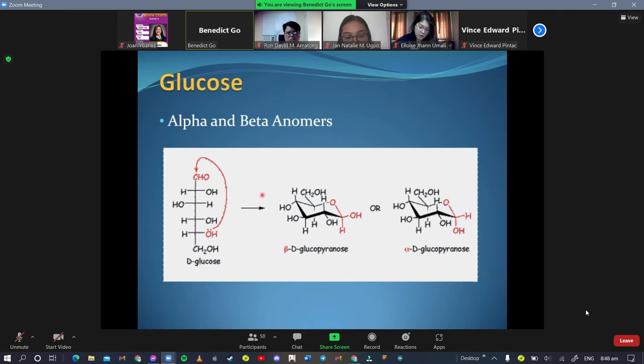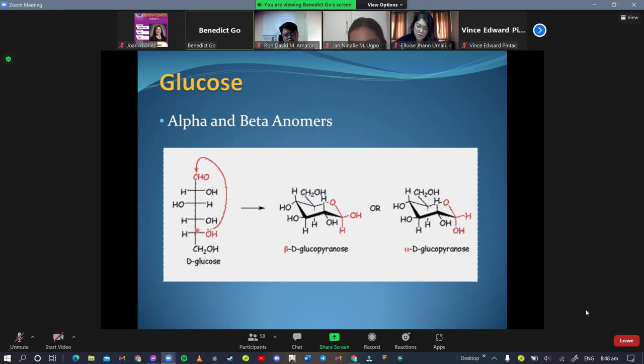Alpha and beta anomers. These are just differences in how the hydroxyl group is oriented in the closed form, the ring or the chair conformation. So you will note that this is the open form or the straight chain form of glucose.